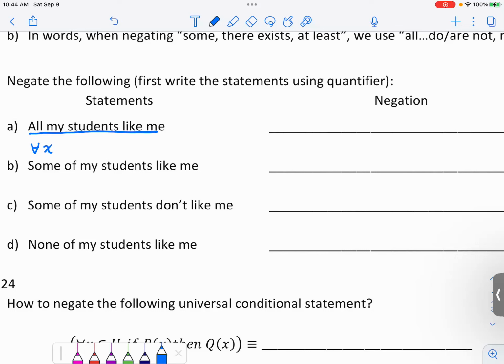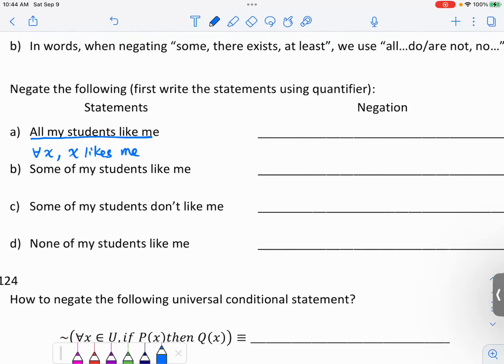Of course, I could introduce a set D, the set of all my students, but if there's no misunderstanding, I sometimes just skip that. For all x, where x represents any one of my students, x likes me.